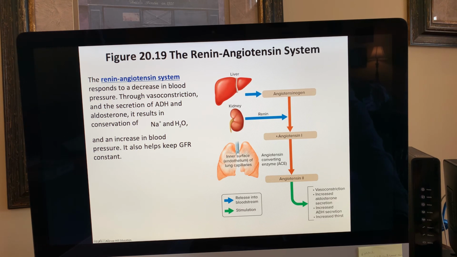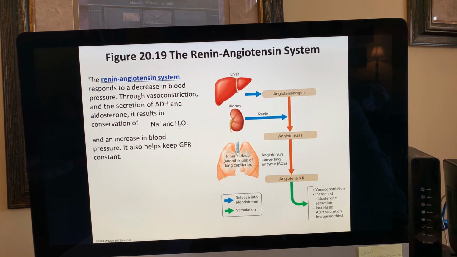Angiotensin 1 is also largely inactive until it passes through the lungs, where the endothelial cells of the lung capillaries produce another enzyme called angiotensin converting enzyme. Angiotensin converting enzyme then cleaves angiotensin 1 into angiotensin 2, which is the active form.